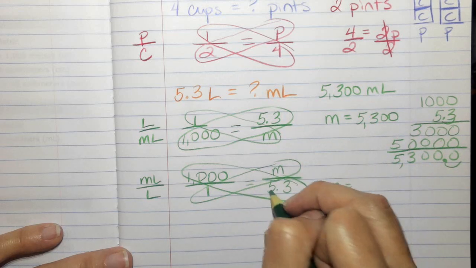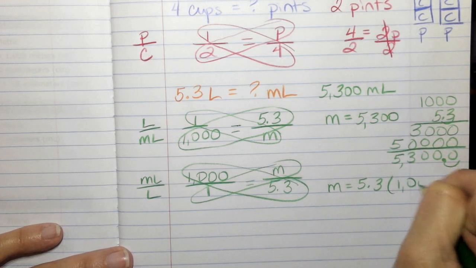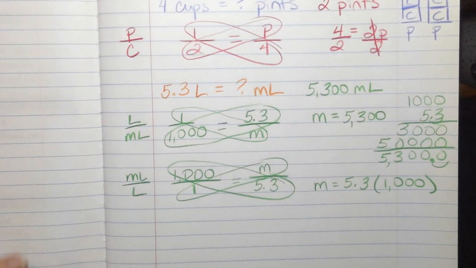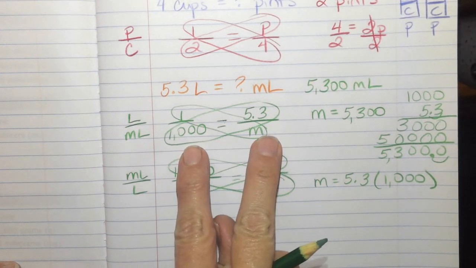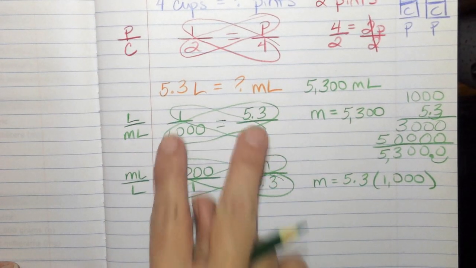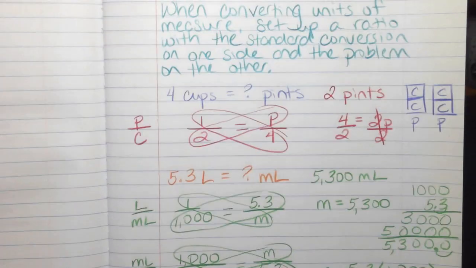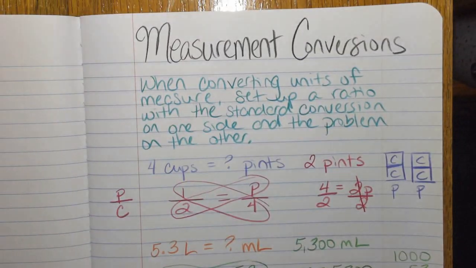M equals 5.3 times 1,000, which is what I just did here. 5,300. So it doesn't matter which one you do, as long as the two sides on either side of the equal sign stay the same. That is how you do measurement conversions.